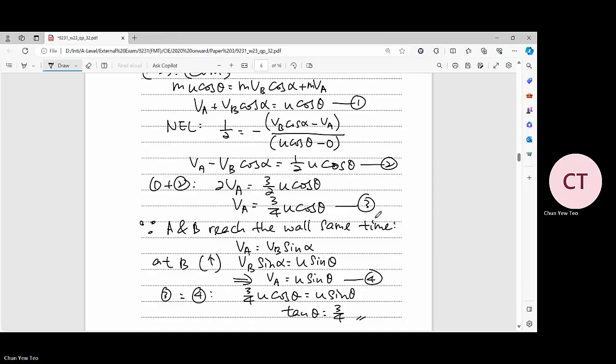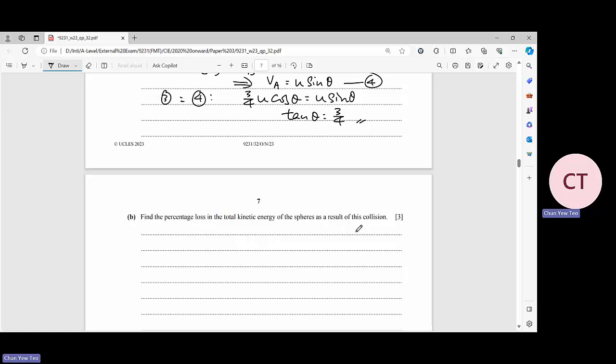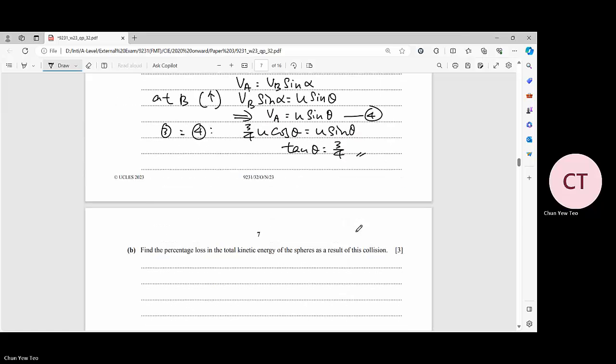Okay. So once we have found tangent theta, now we move on. We can do part B. Before that, we build the triangle first. Theta 3/4, so 3, 4, 5. So from here, we can straight away find VA.